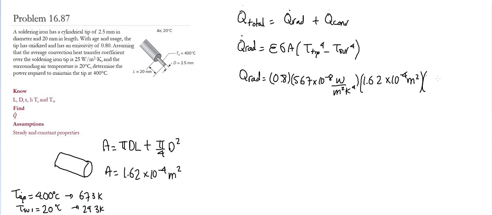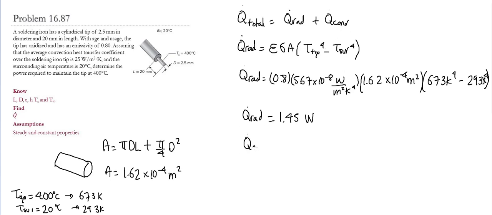The temperature of the tip is 673 Kelvin to the fourth, and then we have the surrounding temperature, which is 293 Kelvin to the fourth. Okay, and then we plug these values in a calculator, and we find that the heat loss by radiation is equal to 1.45 watts. So now we're going to do the process for convection.